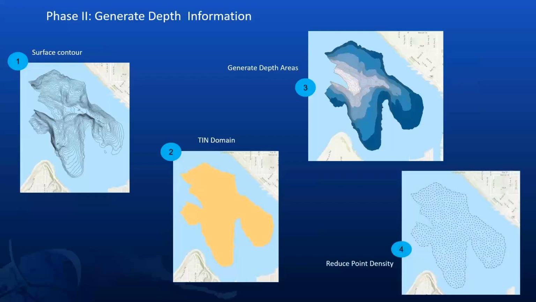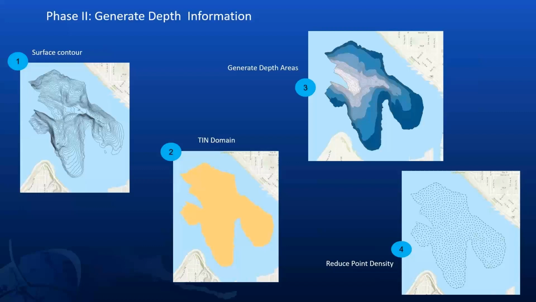And then the last tool we use in this phase is called Reduce Point Density, and this does essentially a sounding selection. There are a lot of different options in this tool, and I'll show you those options when we get into Pro. But for the purpose of this workflow, I did a simple sounding selection, just 100 meter spacing, mostly for what it's going to look like visually on the screen.